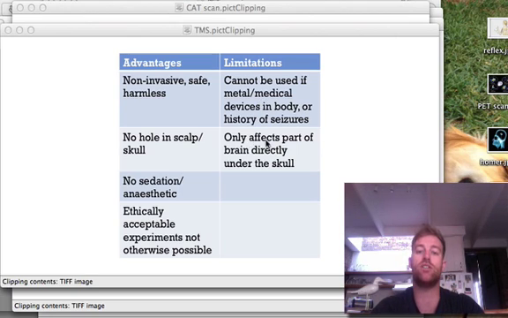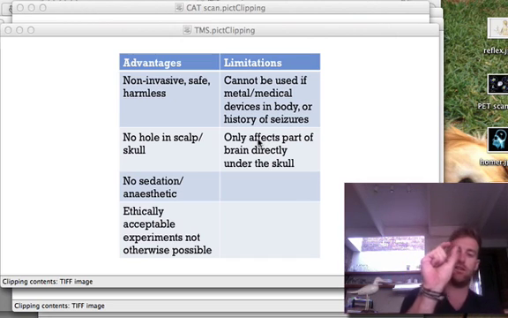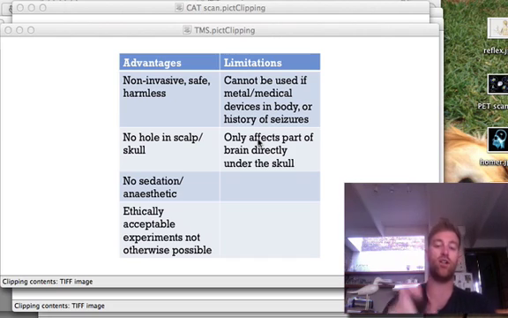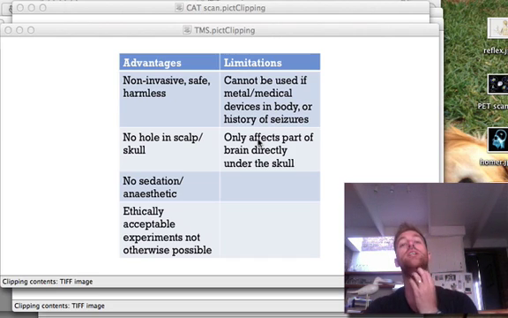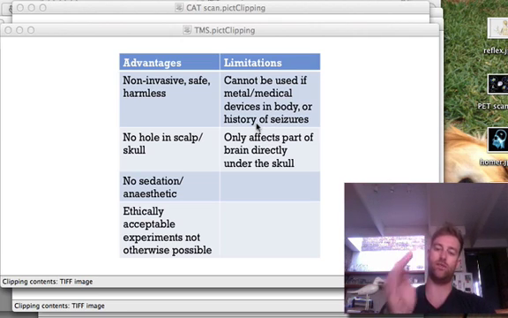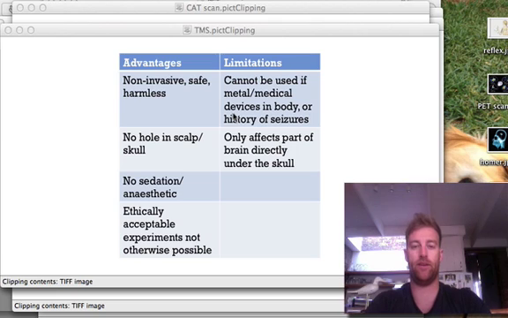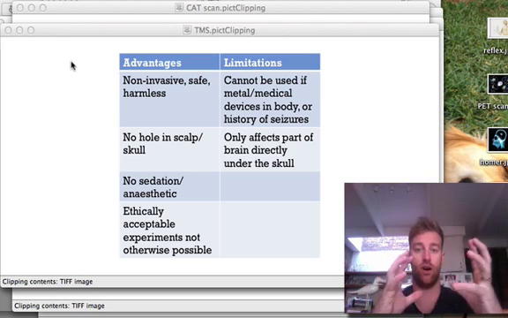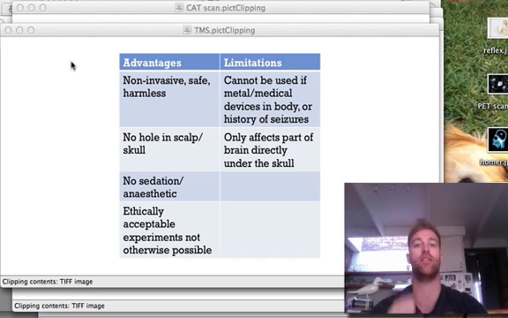The other thing is that one of the limitations is it only gets the parts of the brain pretty close to the skull. You can't get too deep in with the stimulation. So it kind of just works around the top parts of the brain. And as we know, the brain is a 3D object, and there might be some other more interesting parts below the surface that can tell us a lot of things.